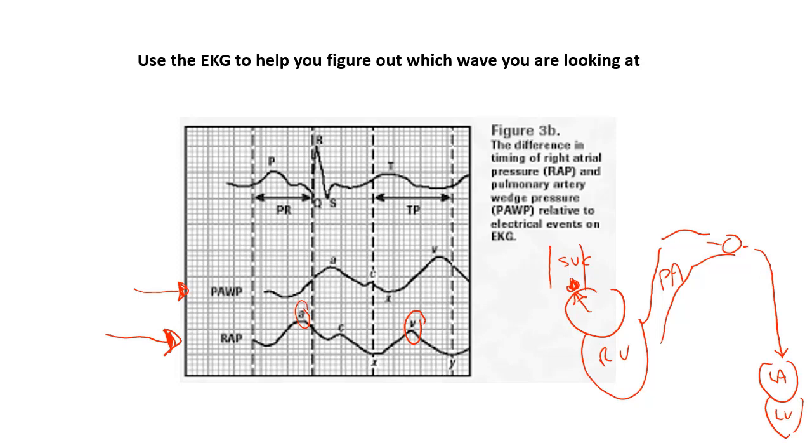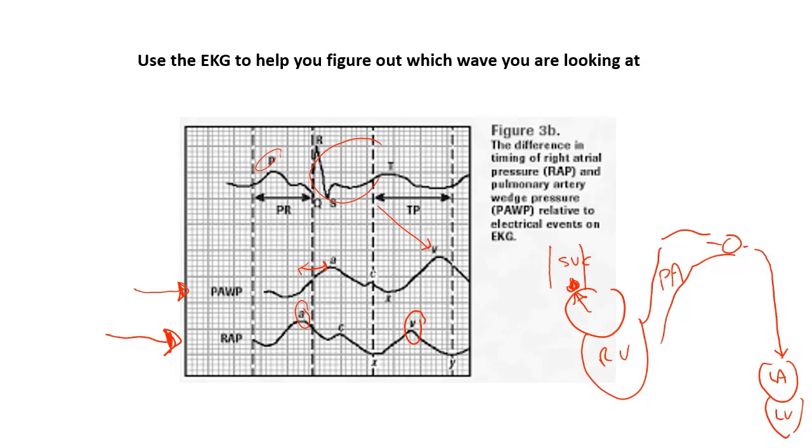So you're going to see a time delay, as you see here, between the A wave and the P wave up here, and you're going to see a time delay between the electrical activity causing systole and your V wave here. So how do you know which wave is which?